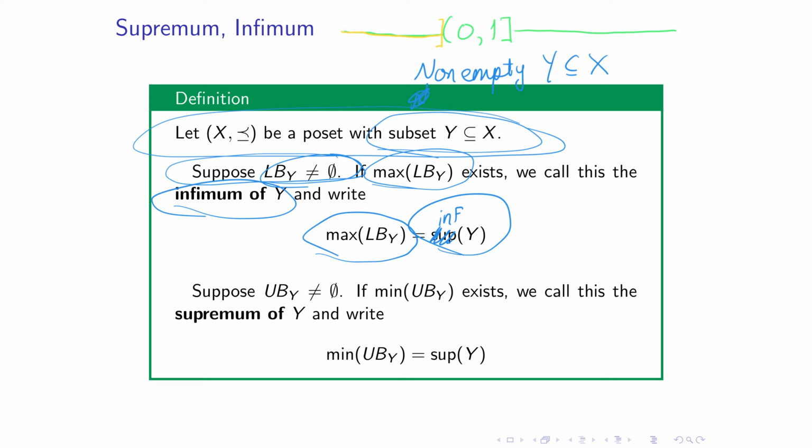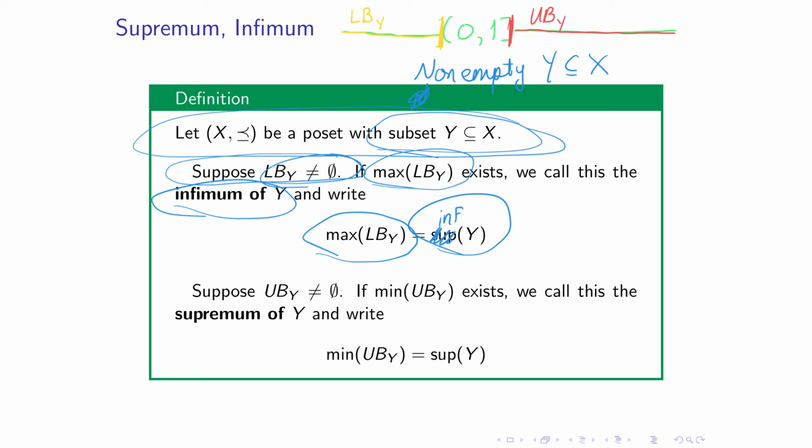Basically this yellow is a representation of the set LBY, right? It's the set of all lower bounds on the set. And the best lower bound is the maximum of that set, right? It's the one that is closest to the set Y. And we could play this game all over again to the right of the set, right? All of these numbers up to and including the number 1, this is UBY.